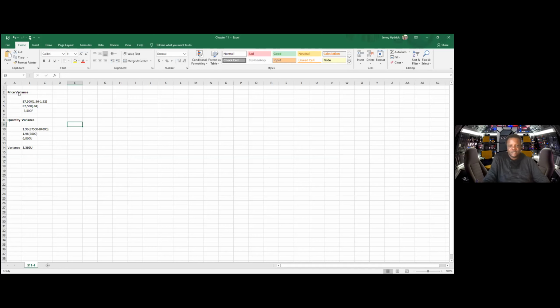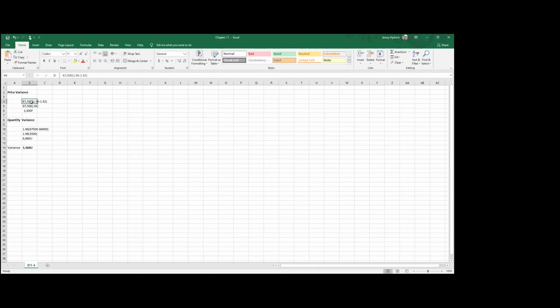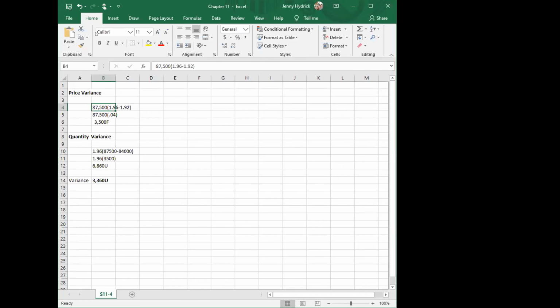I forgot I was on mute, sorry. All right, so for the price variance, here, let me see if I can do this. I don't know what it looks like on your end. Do you see the Pearson text here? No. You can usually only share one tab at the same time. Oh, okay.